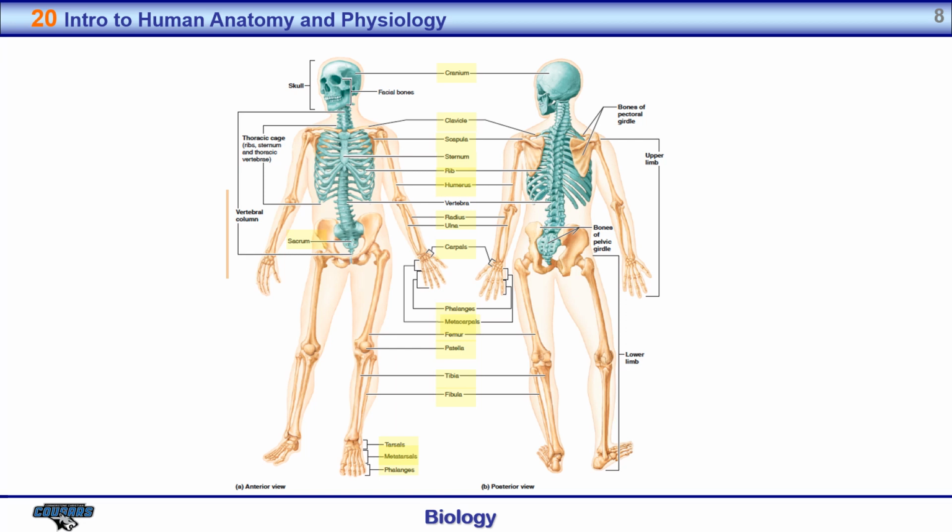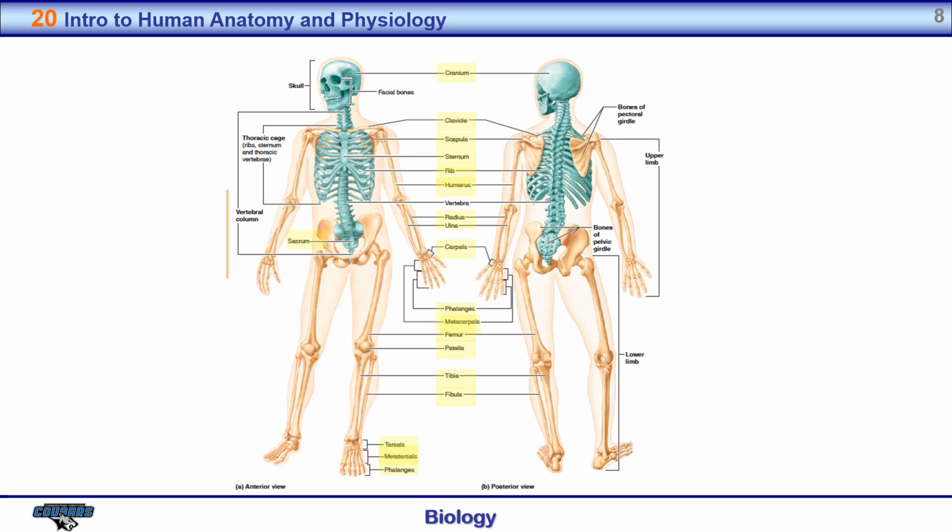So the bones that I would like you to know the names of that are part of the axial skeleton would be the cranium, that's your skull. Then we have the sternum and the ribs. The vertebrae I don't have highlighted there, and the sacrum, that's the kind of arrowhead shaped bone at the end of the vertebral column. So those make up your axial skeleton.